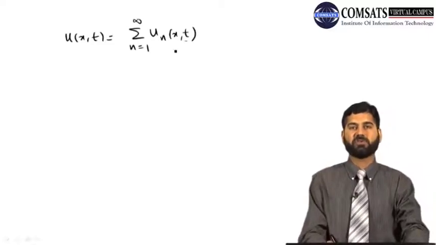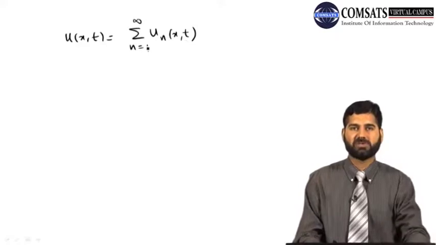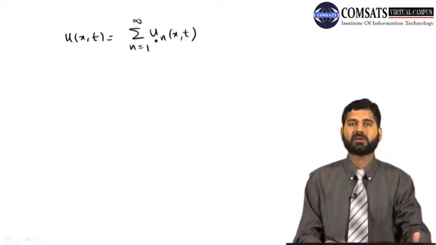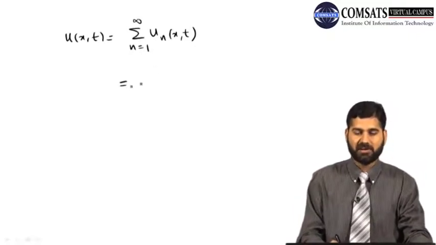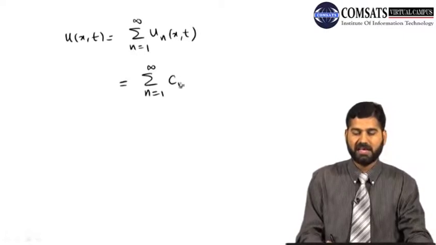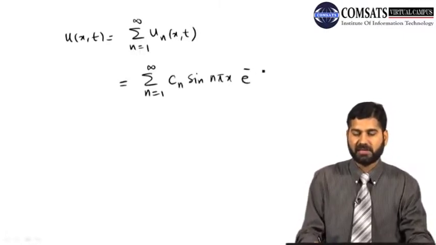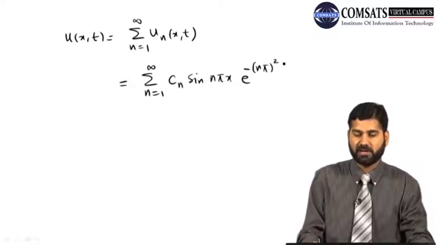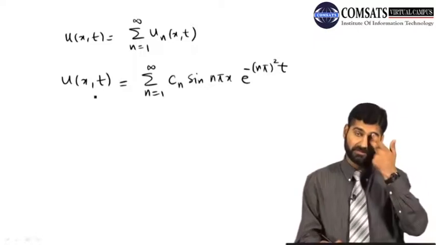This is the principle of superposition. If you have more than one solution, then their sum is also a solution. Not just the sum, a linear combination; you can introduce constants as well. But we have already written down the constants with u_n, that's why I'm not writing them. So Cn sine n pi x e to the minus n pi square t. So this is your general solution of the partial differential equation.